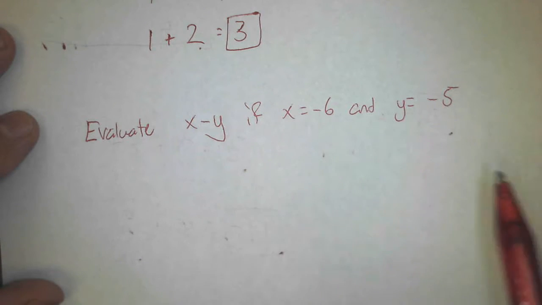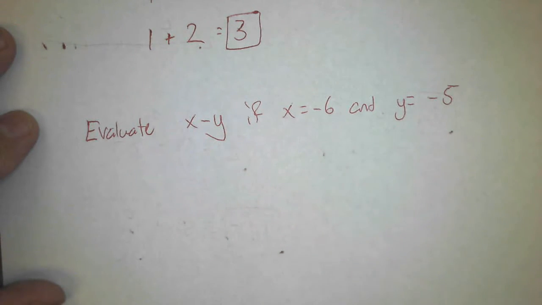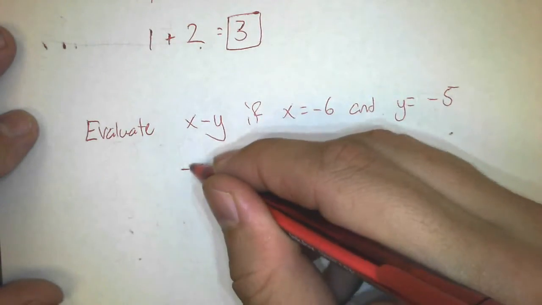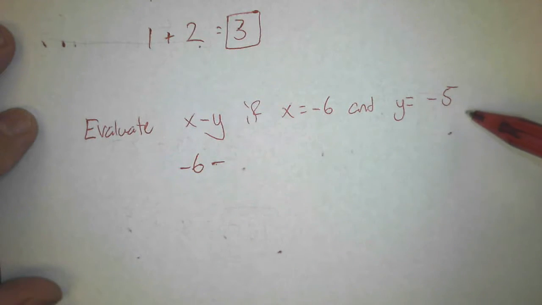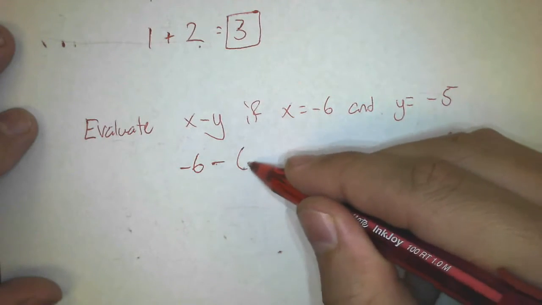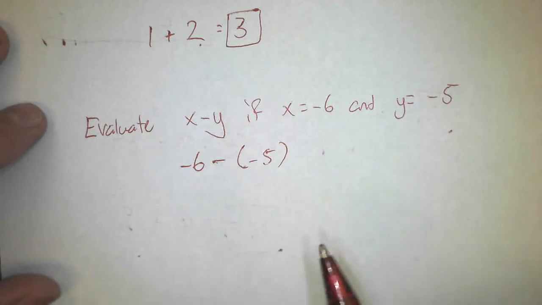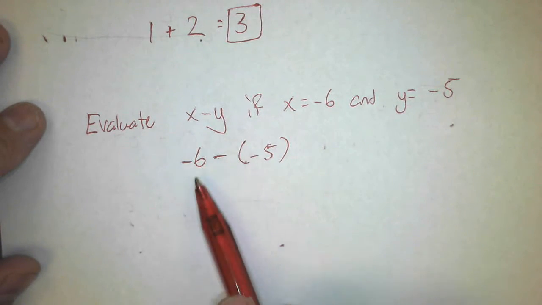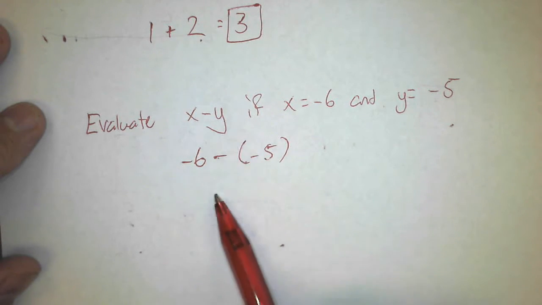So all I'm doing is plugging in these numbers for x and y. So it says that x is negative 6, so I'm going to write negative 6 minus, and y says y is negative 5. So my equation's still the same. I have x, which was negative 6, y, which is negative 5, and it's being subtracted.